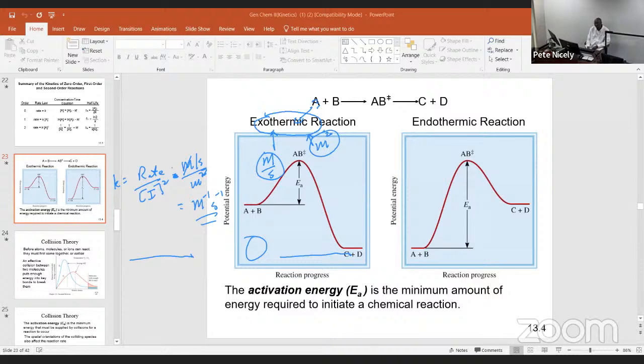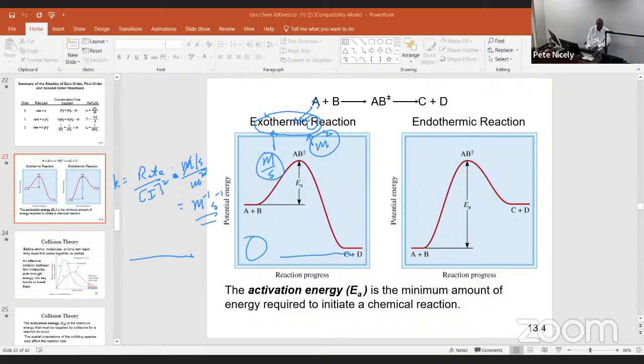And let me give you a hint. The hint is the reaction is second order. So there's an equation that we learned which relates the concentration to time for a second order reaction. What would that equation be?